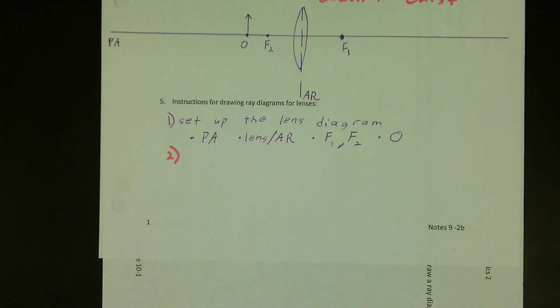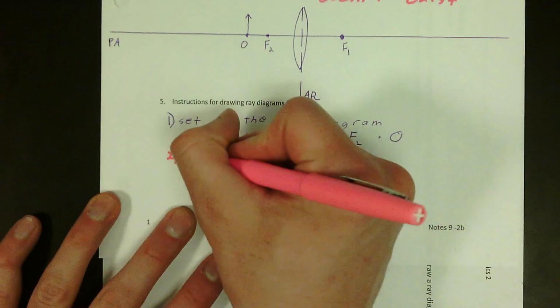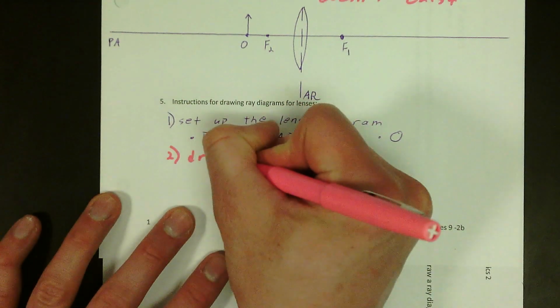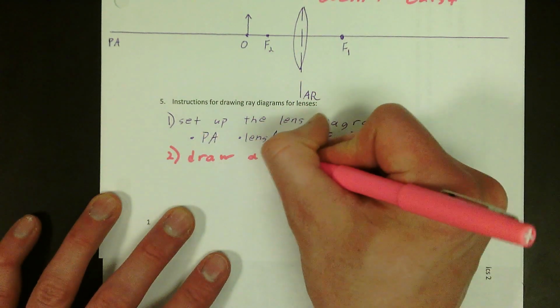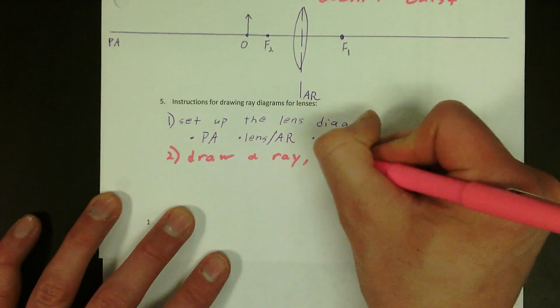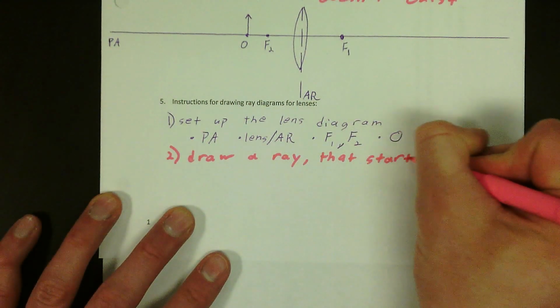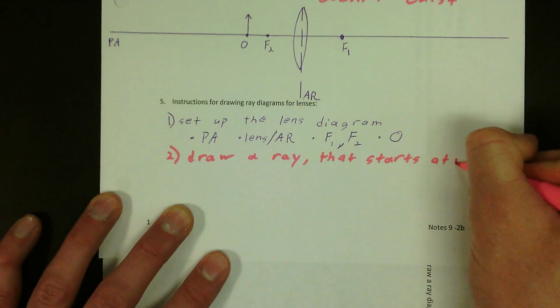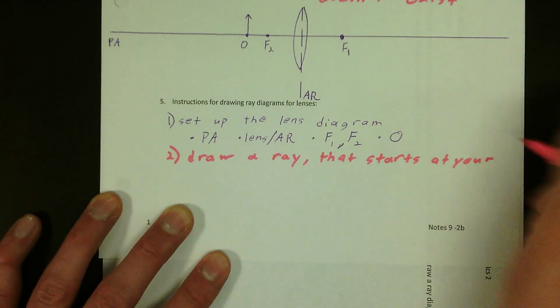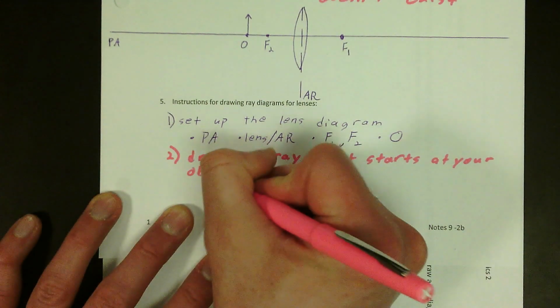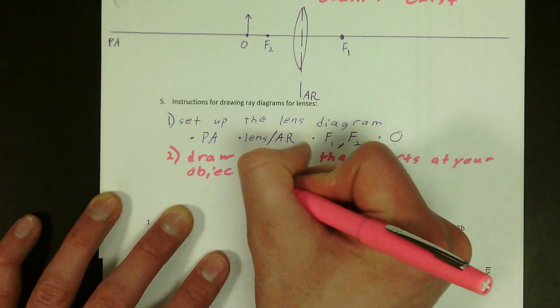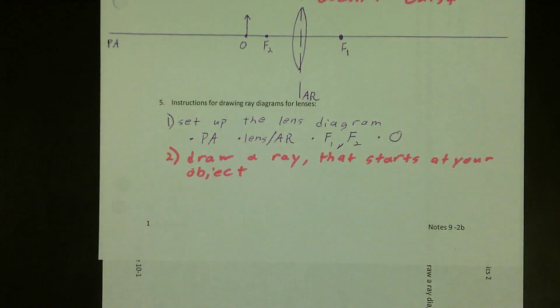Step 2. You're going to draw a light ray that starts at your object. And by the way, I'm going to start it at the top of the object. You could start it anywhere, but it's going to be easiest if you start it at the top of the object.